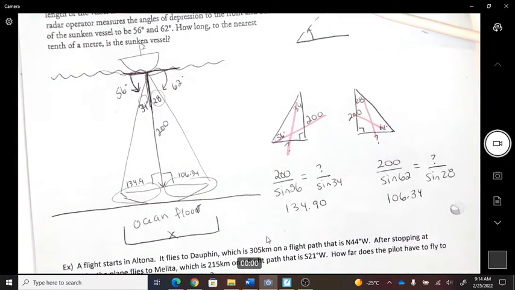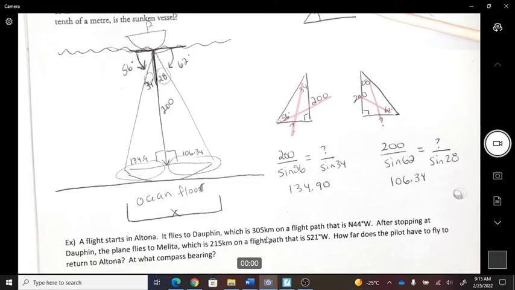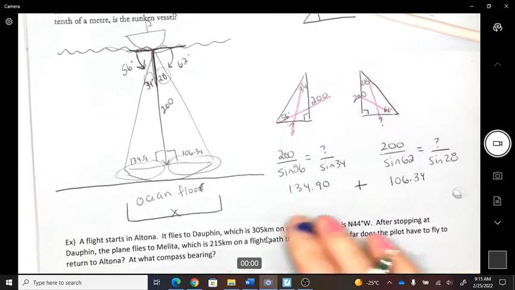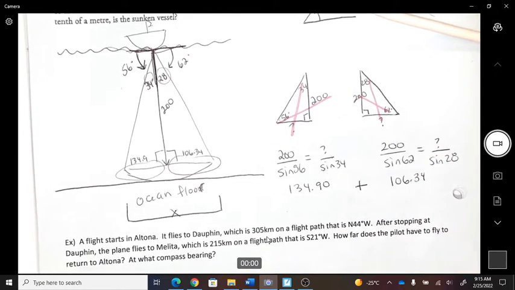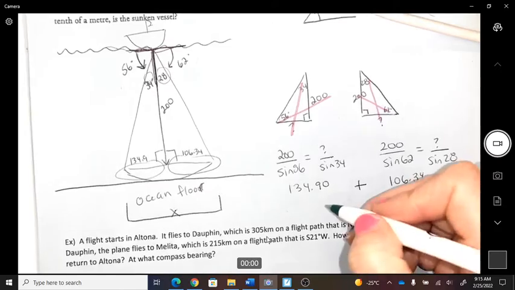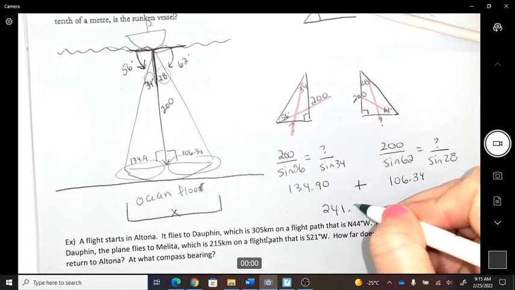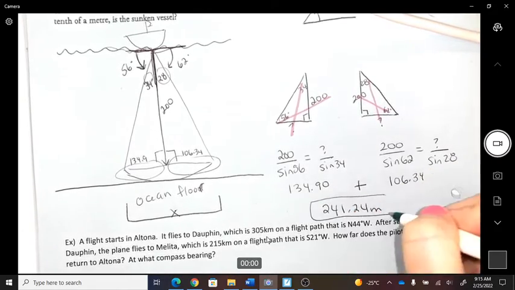Okay, so how long is the whole vessel down there? So I'm going to add those numbers together because I separated them. So I need to put them together. So the final answer should be 241.24 meters.